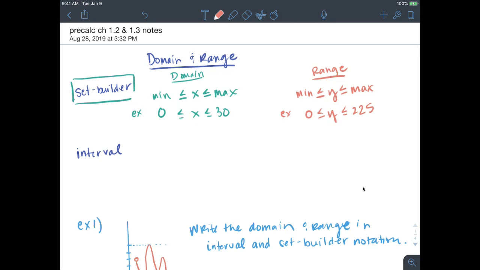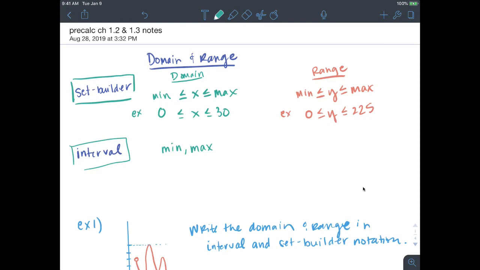Next up, we're going to hit interval notation. This is my personal fave. We use all the same information as set builder, it's just set up differently. We're going to write the minimum value, comma, the maximum value. And we need to account for our greater than or equal to, or our less than or equal to, or if it's just a less than.